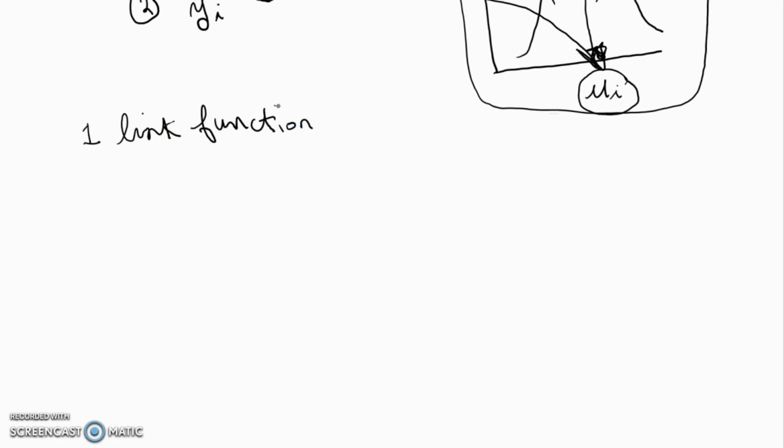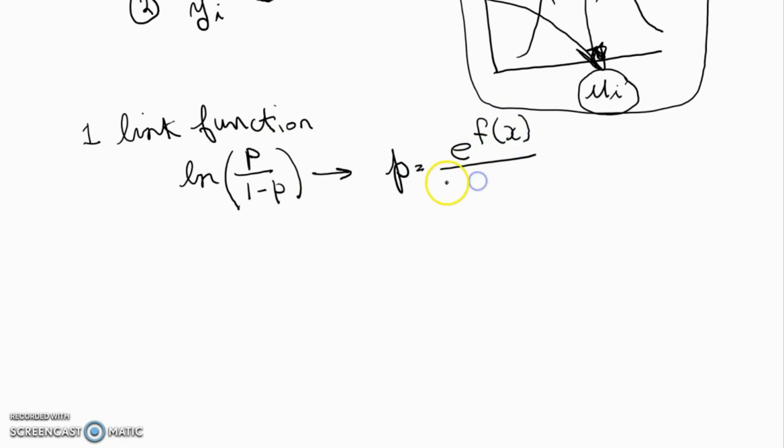When we went over logistic regression, the link function was the ln of p over 1 minus p, and to get what we're really interested in, which is p, we got to say that p was equal to e to the f(x) over 1 plus e to the f(x).